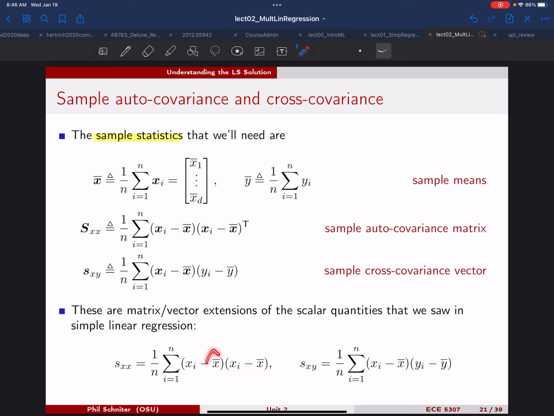We're going to do exactly the same thing now, but we're going to use these vector quantities. So on the left, we have a column vector. On the right, because of the transpose, we have a row vector. What happens if you multiply a column vector times a row vector? What do you get? A square matrix. Exactly, a square matrix.